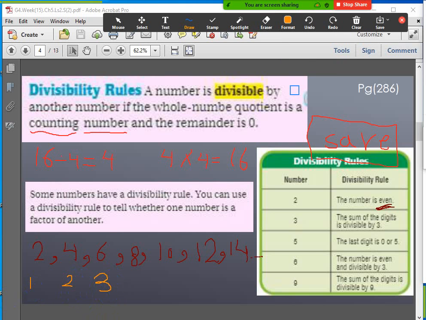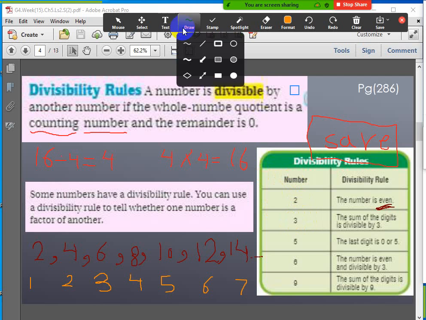No. All the quotients are counting numbers. 8 divided by 2 equals 4. 10 divided by 2 equals 5. 12 divided by 2 equals 6. 14 divided by 2 equals 7. So all the answers are counting numbers, there is no remainder, so all even numbers can be divided by 2.